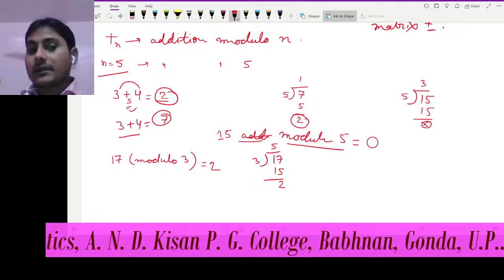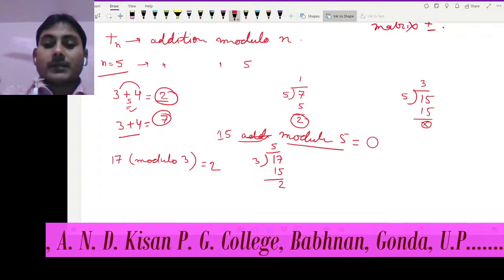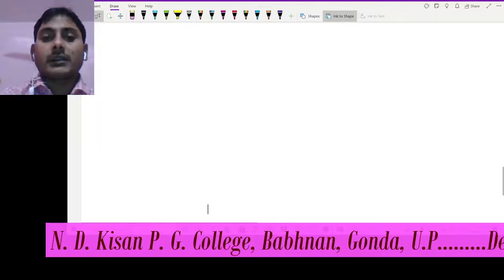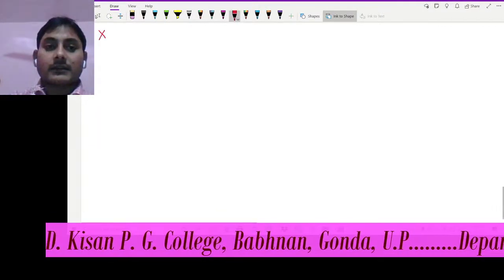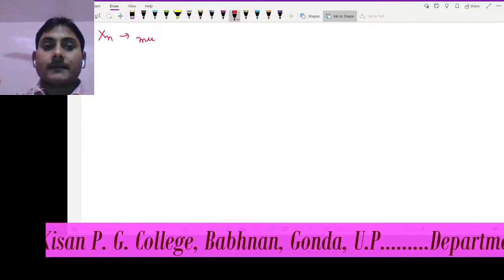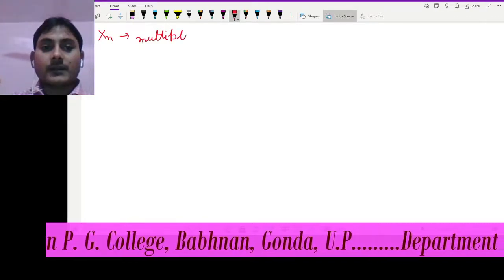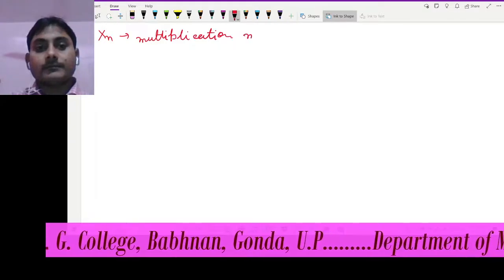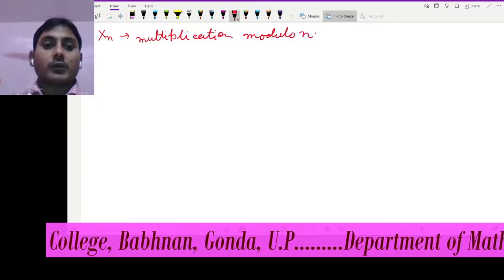In a similar way, one can define multiplication modulo also. Suppose that I am writing multiplication modulo n.